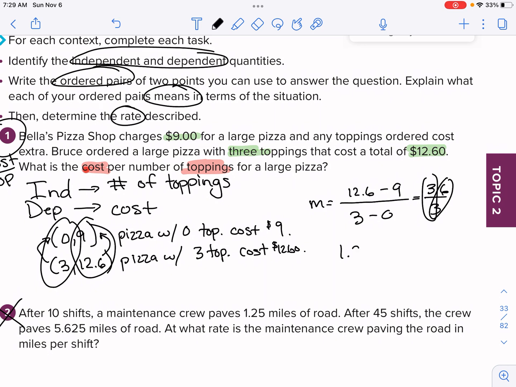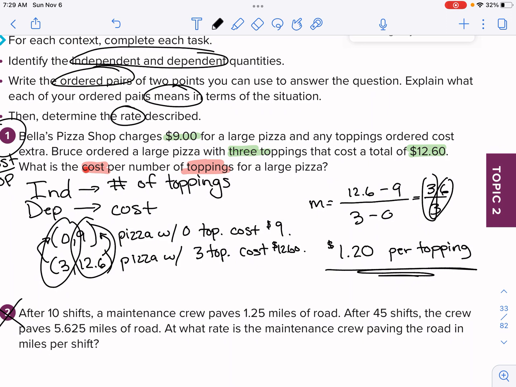So it's 1.2. This, answering our question, what is the cost per topping? It is $1, and we'll put a 0 here. 2/10 is the same thing as 20 hundredths. $2.20 per topping. Or sorry, $1.20 per topping.